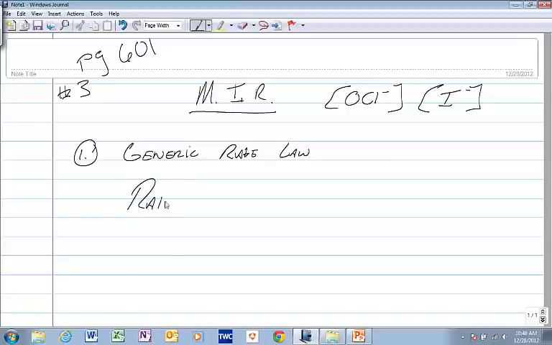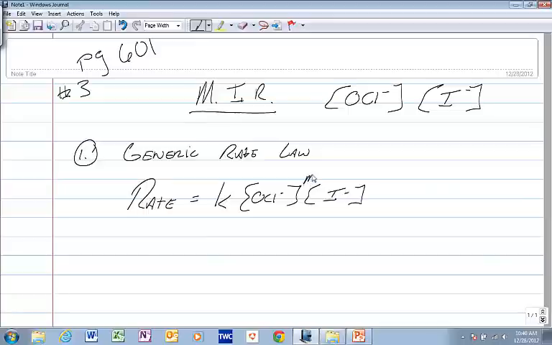So I'm going to write rate equals K times the concentration of the hypochlorite ion times the concentration of the iodide ion. So that's what I call the generic rate law. And a lot of times this is the very first question asked on a free response question if you get a kinetics question on the AP exam. So you get a point simply for changing A into this reactant and B into this reactant.